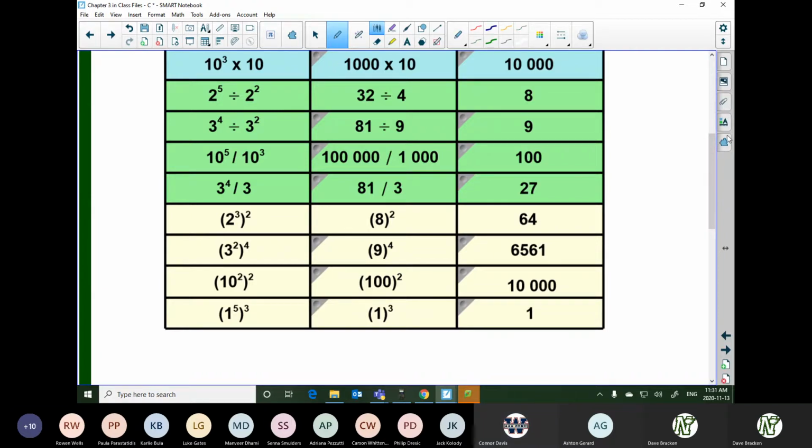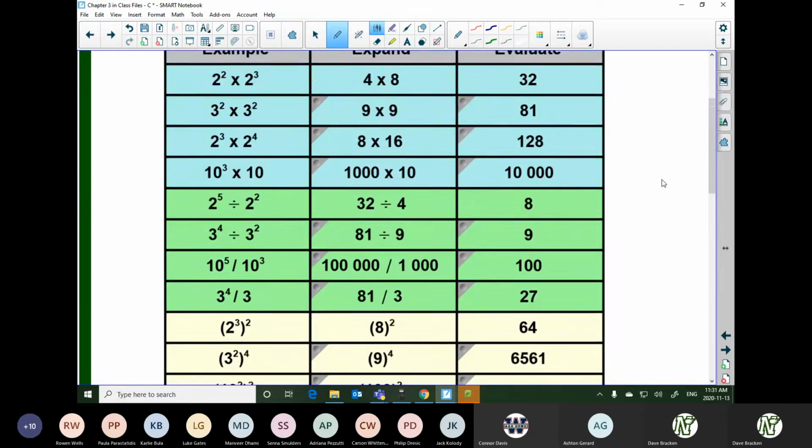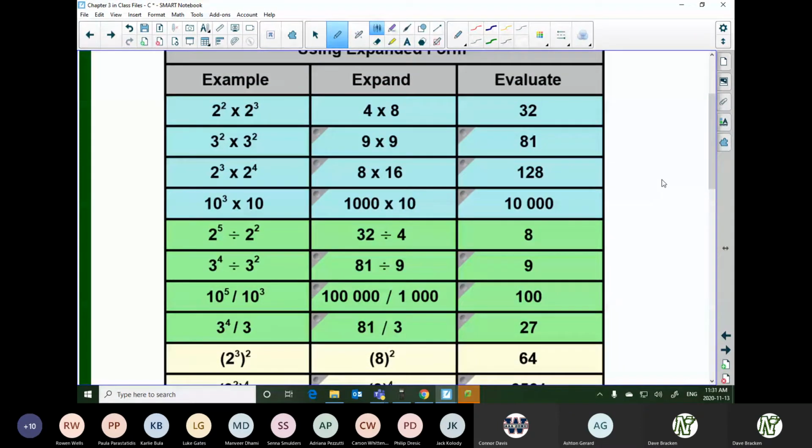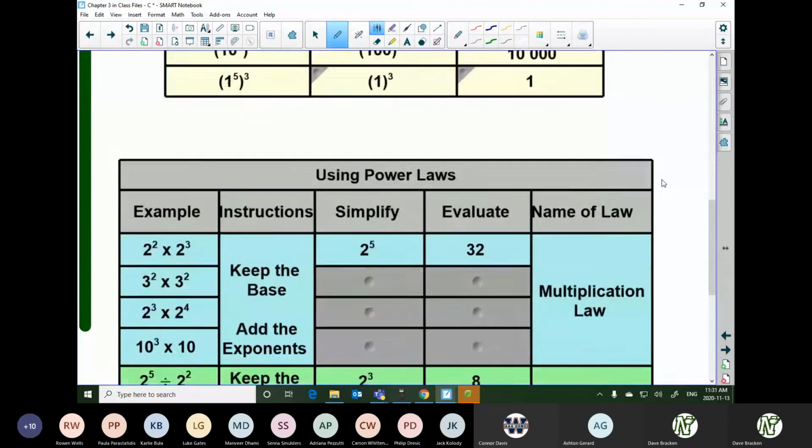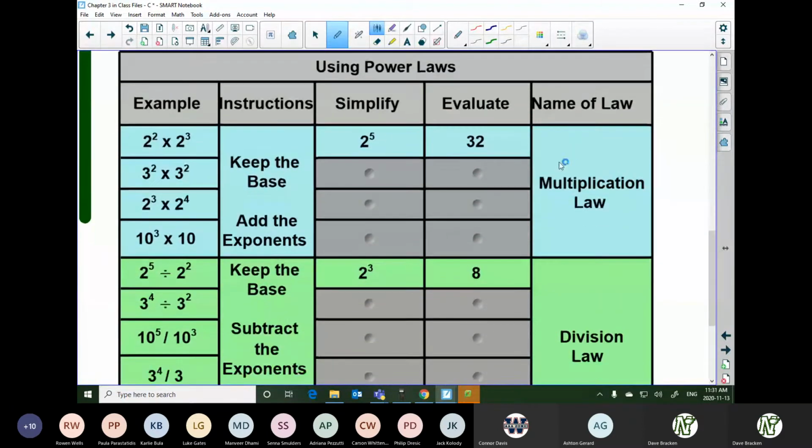So we have our first 3 columns done. Now, we're going to solve the last 3 columns over on the other side. We're going to do this a little differently. This is called using the power laws. So watch how this works. You're given 4 questions right here. And the instructions say, keep the base and add the powers, add the exponents.